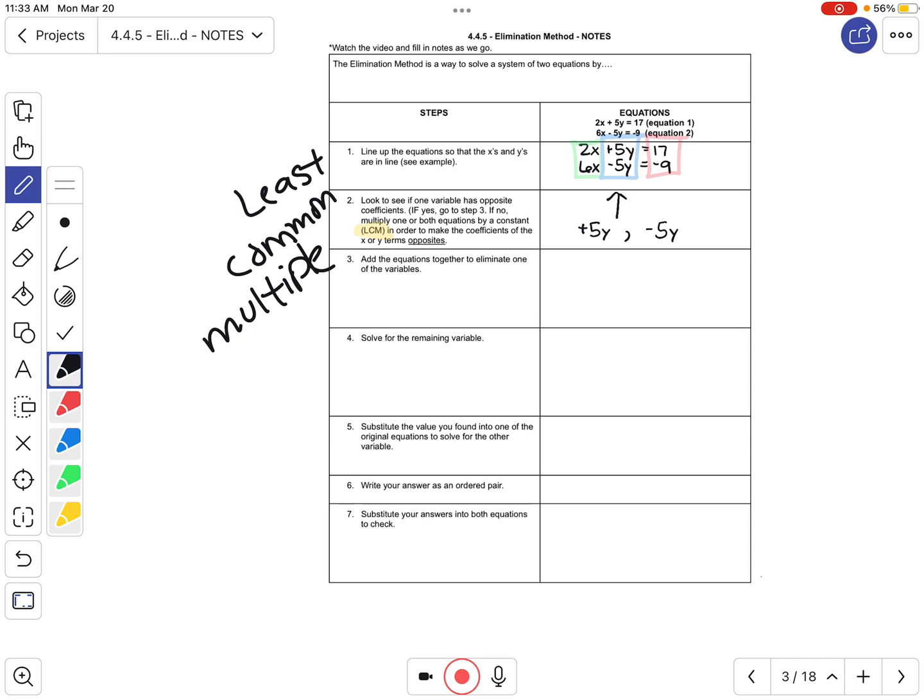So sometimes you might need to multiply one equation by 2, or one equation by negative 2. And sometimes in really hard equations, you have to multiply both equations by something different. But we'll see that in the practice. In this case, we've already got it ready. We've got our opposites.